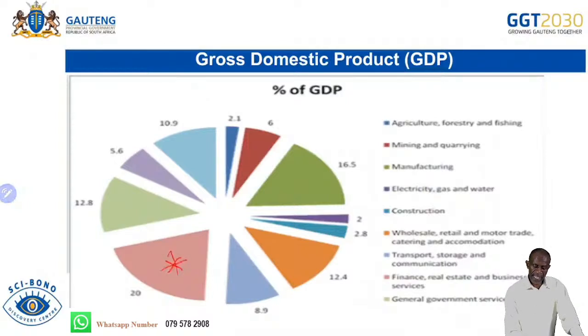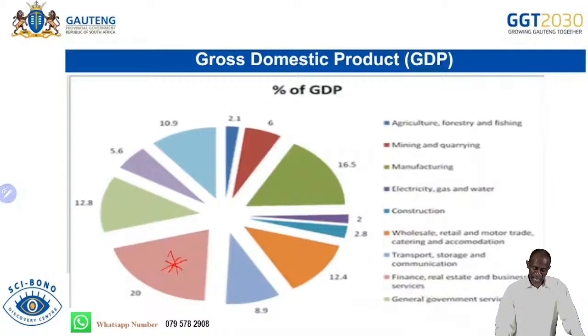So it has a stake of 20% of the gross domestic product, and it is finance, real estate, and business services. So the whole big part, which occupies 20% on the graph, relates to finance, real estate, business, and services.